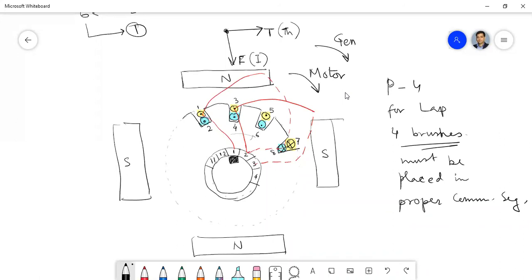If you are keeping the direction same, then you have to change the dot to cross. Now if you change both, suppose you want generator in opposite direction, then these two will be exactly the same. So as a motor in clockwise direction and as a generator in anti-clockwise direction will give you the current direction same.